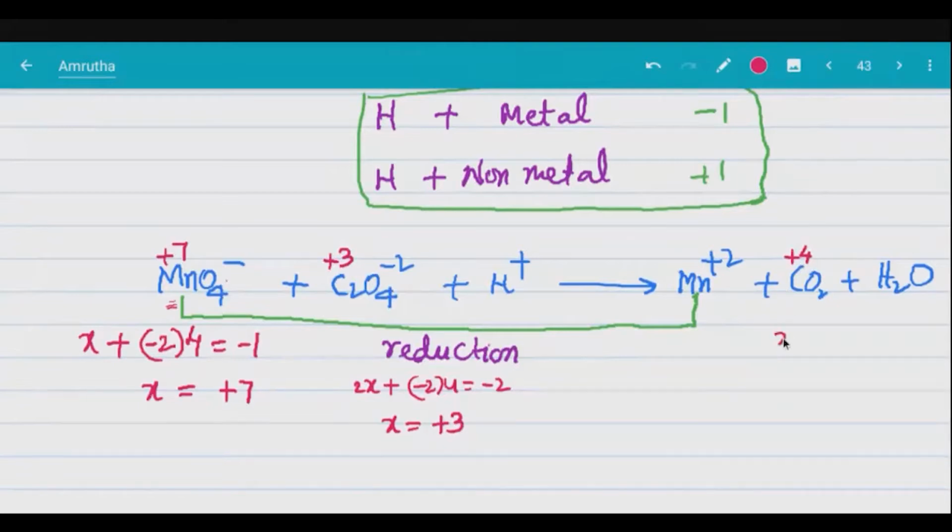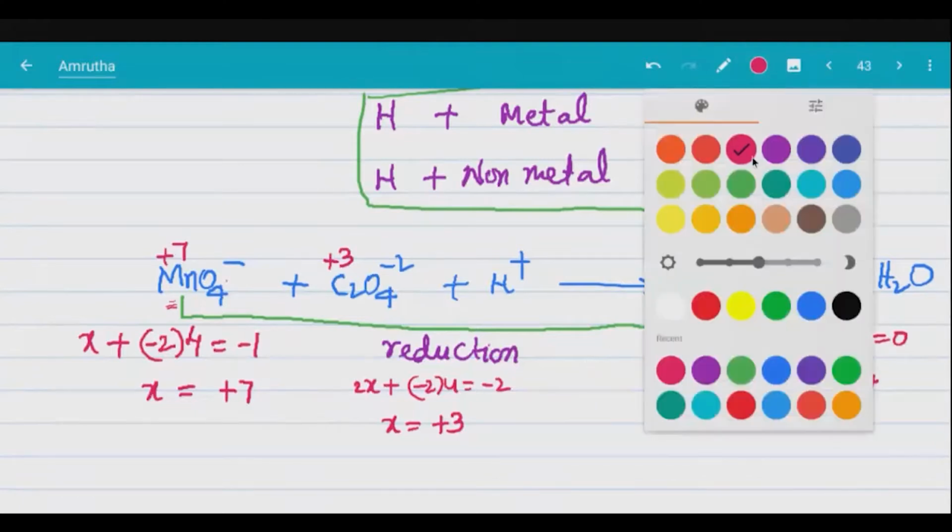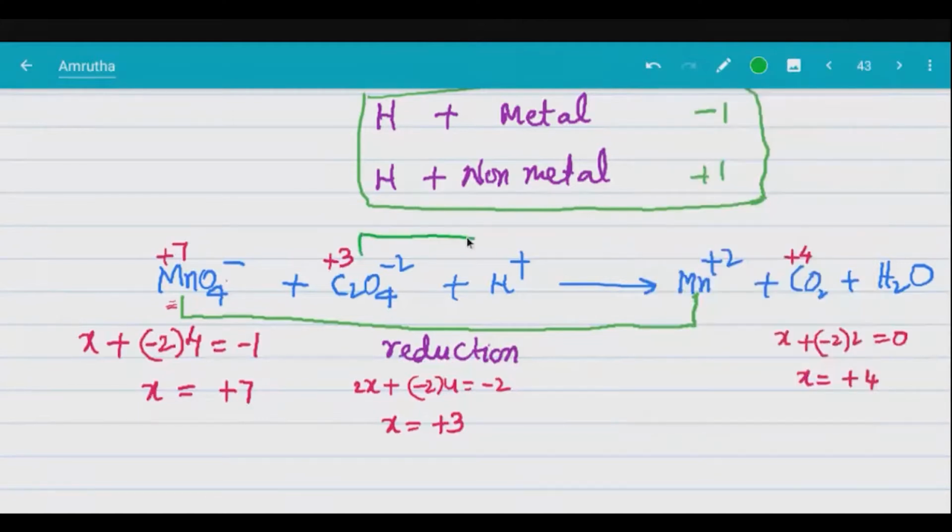Why? X plus (-2 for oxygen, 2 times) equals 0, X equals +4. Very simple, right? So +3 to +4. Increasing or decreasing? It is increasing. So this is oxidation. We found reduction and oxidation. Yes, we confirmed. This is a redox reaction.